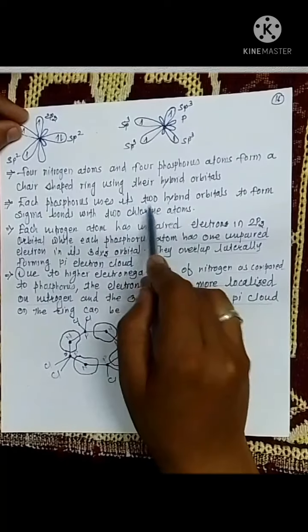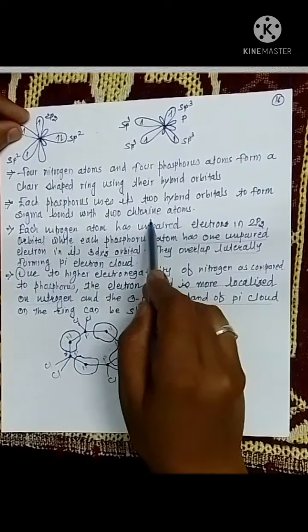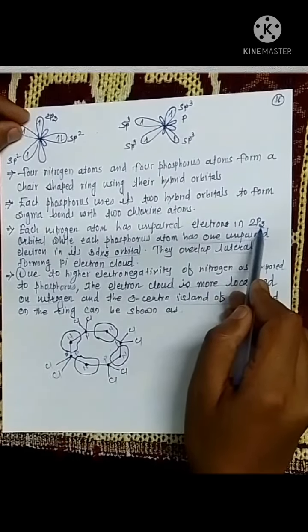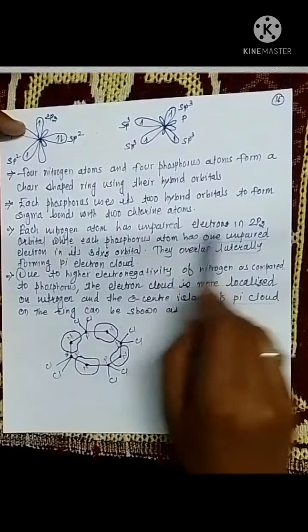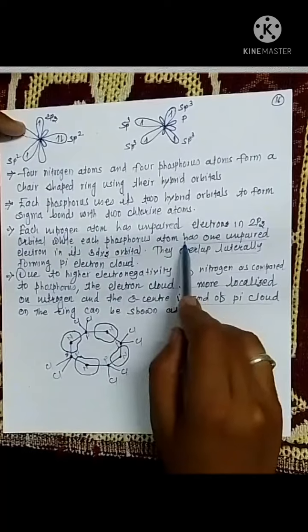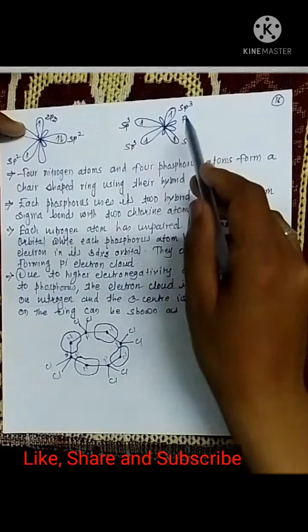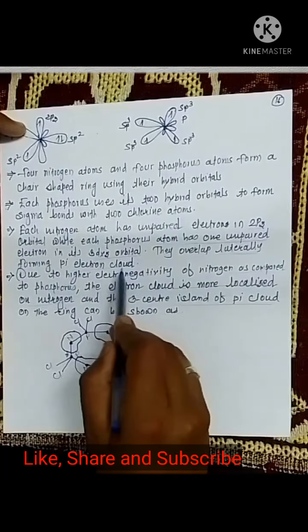Each phosphorus uses its two hybrid orbitals to form sigma bonds with two chlorine atoms. Each nitrogen atom has an unpaired electron in the 2pz orbital, while each phosphorus atom has one unpaired electron in its dxz orbital. They overlap laterally to form a pi electron cloud.